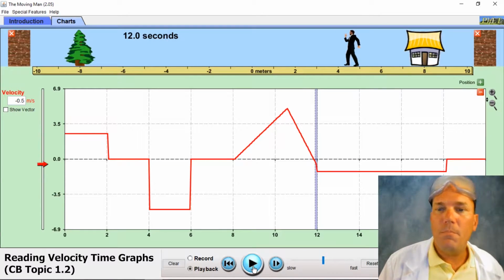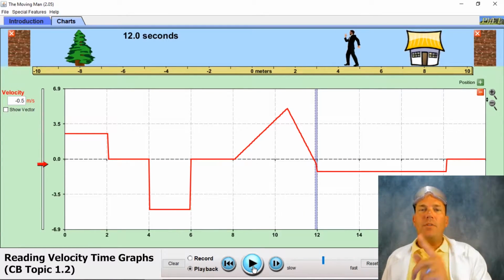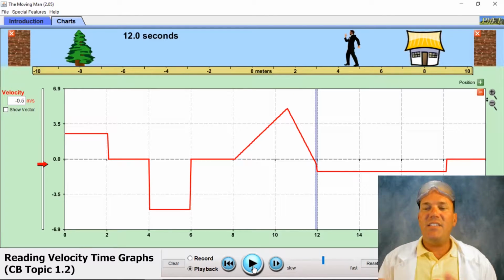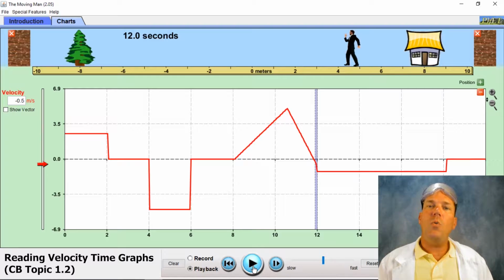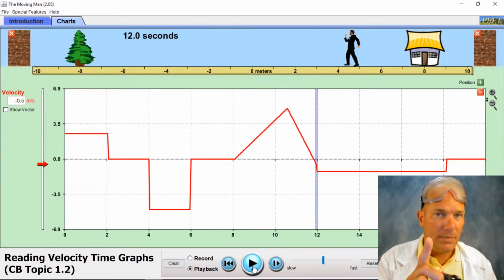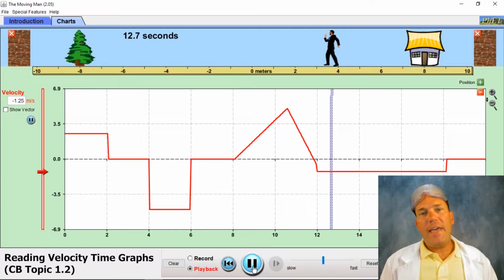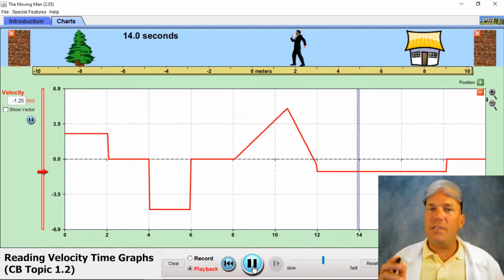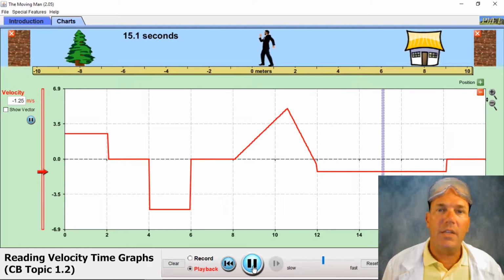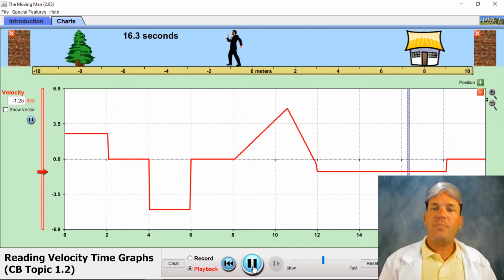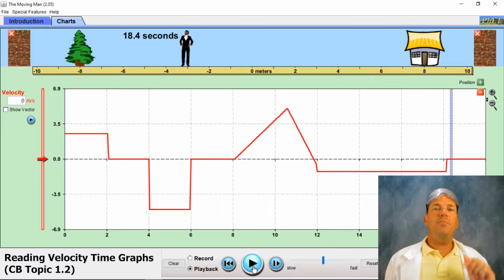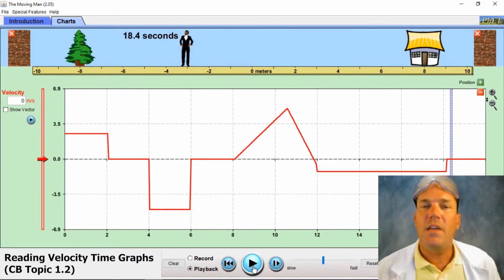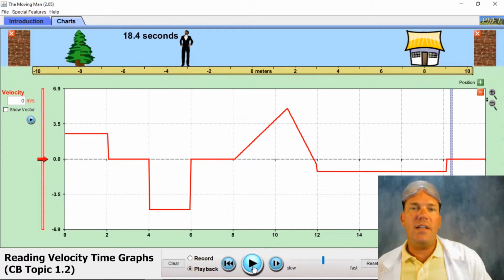Now the man will be moving off to the left between 12 seconds and 18 seconds, but at a much slower, constant velocity, as indicated by the fact that the slope for this duration is 0. However, the vector quantity is negative, which means he moved in the left direction, in the negative direction.